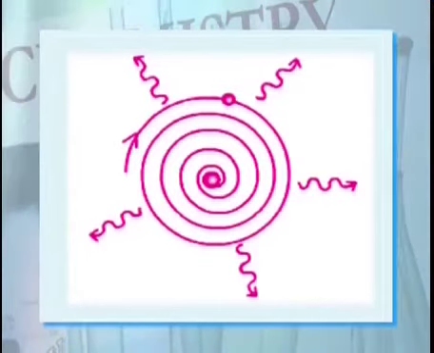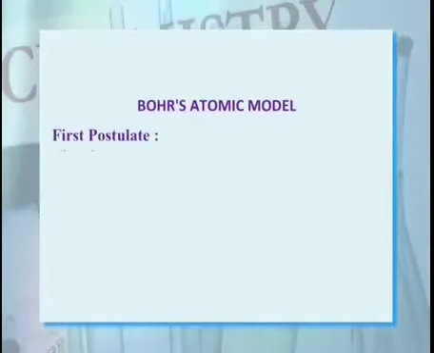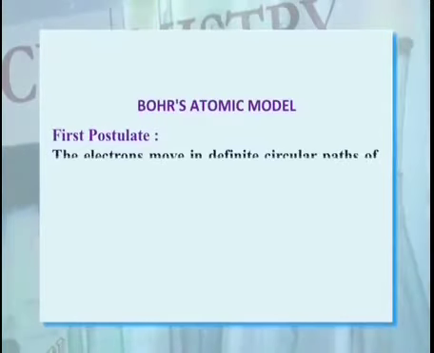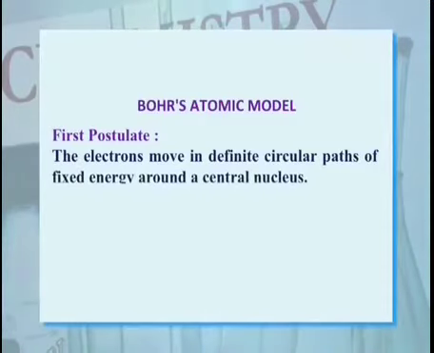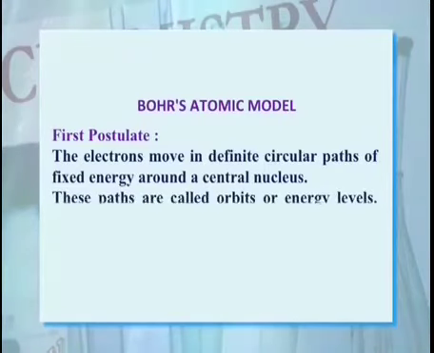Now, after the failure of Rutherford atomic model, Bohr proposed his atomic model and its important postulates are like this. First postulate: the electron moves in defined circular paths of fixed energy around a central nucleus. These paths are called orbits or energy levels.